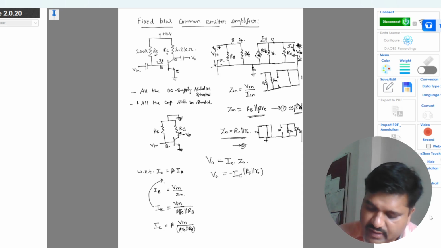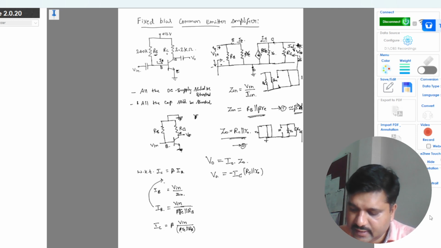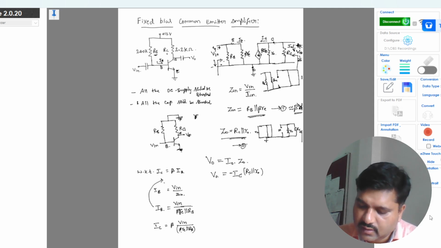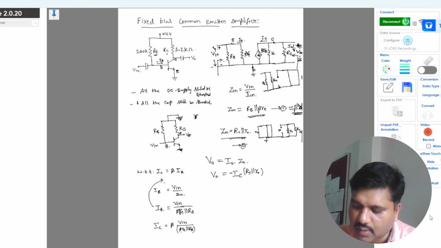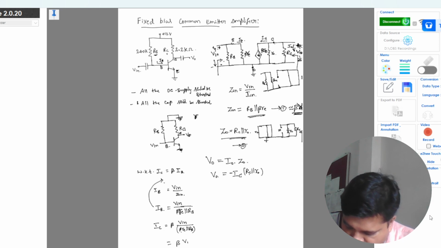We will calculate that RE later. So this is the approximated expression for Zin, and I can write it as beta times Vin by beta times RE.